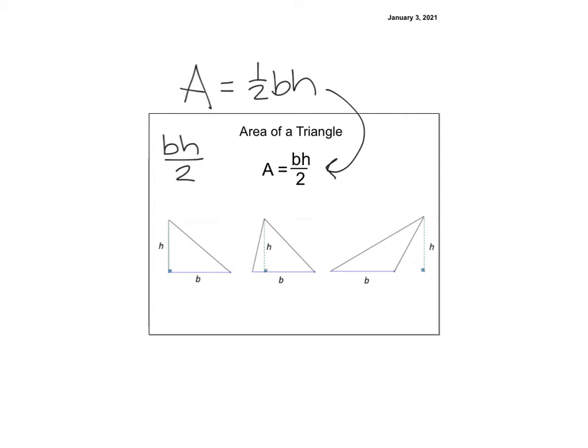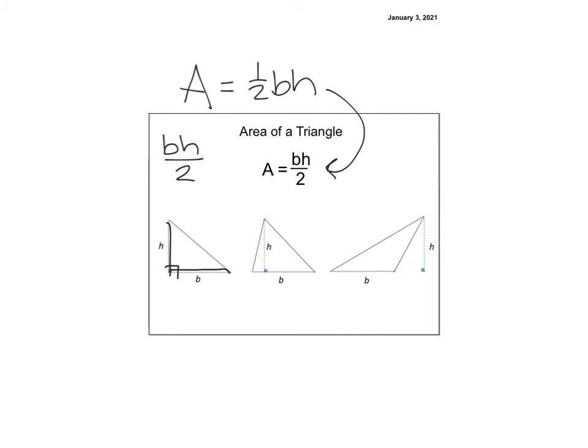Now, with your base and height in a triangle, there are kind of 3 different situations you're going to see visually. One is when we have a right triangle. So remember, we have that box in the corner, means a right angle. Our base and our height are the 2 legs that connect together. In these other triangles, you'll see the dotted line either inside or outside the triangle, like we had with the parallelogram.